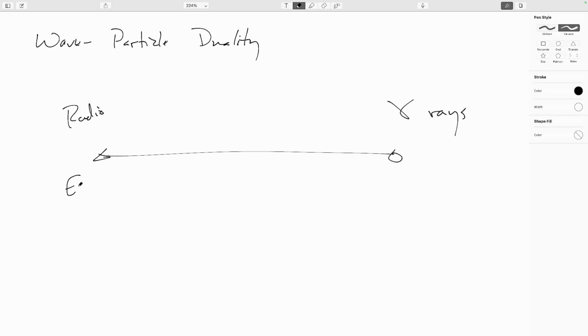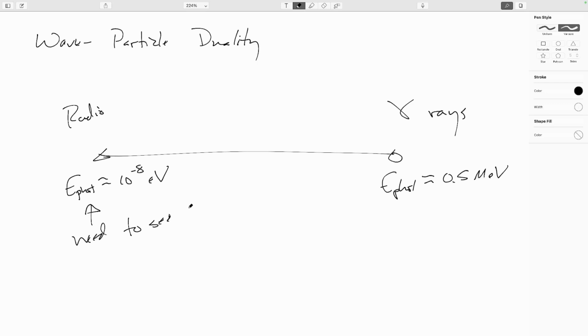Over here, the energy of a photon is going to be on the order of 10 to the negative 8 eV. Over here, it's going to be something like 500,000 eV. So here, to detect literally anything, you're going to need to see many photons. And this is where, in an earlier video, I was talking about, we see the wave property by saying the photons are effectively raining in sheets.